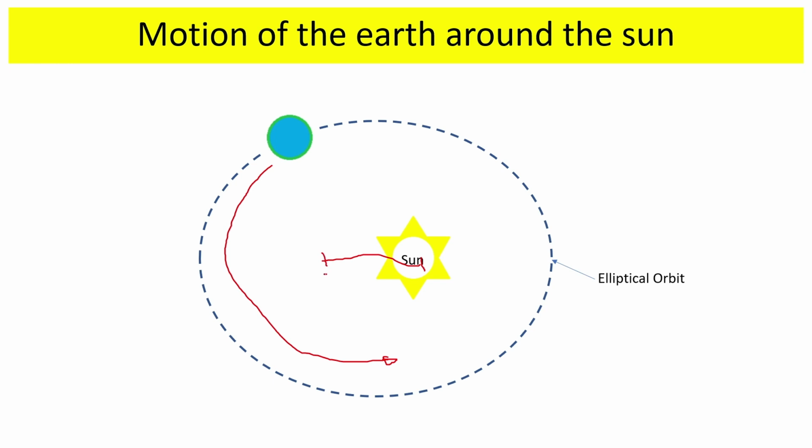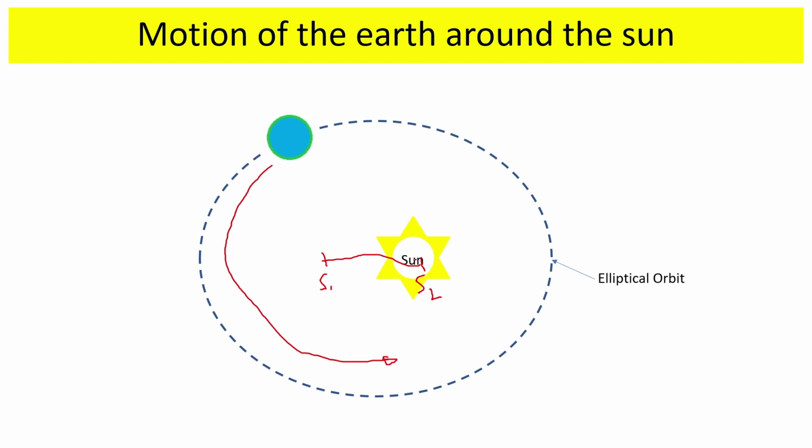One foci is here, S1. Another foci is here, S2. So, sun is at one of the foci of this elliptical orbit. So this is how the earth revolves around the sun.